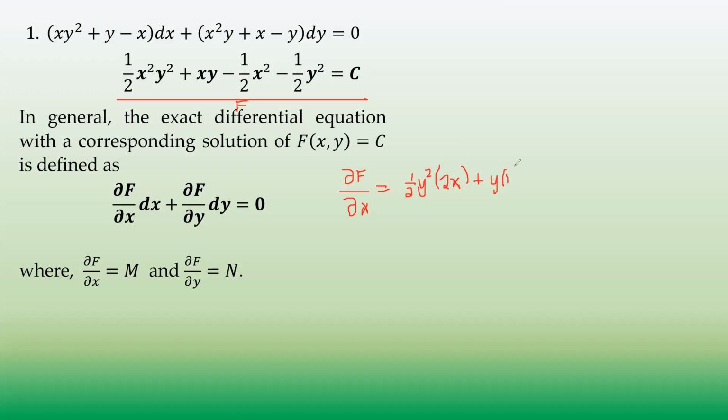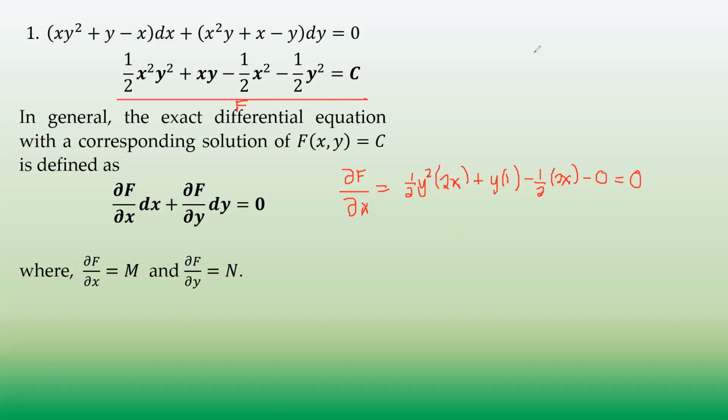Derivative ng x ay 1. Ito naman, constant si 1/2. Ang derivative ng x squared ay 2x. Minus 1/2 and y squared are constant. So, ang derivative niyan ay 0 equals 0. Okay. Wala na pala itong ano, no? Equals 0.